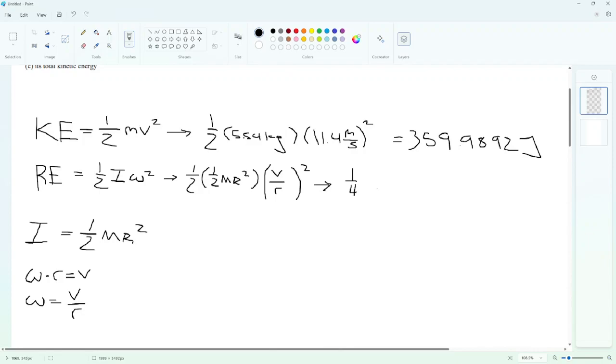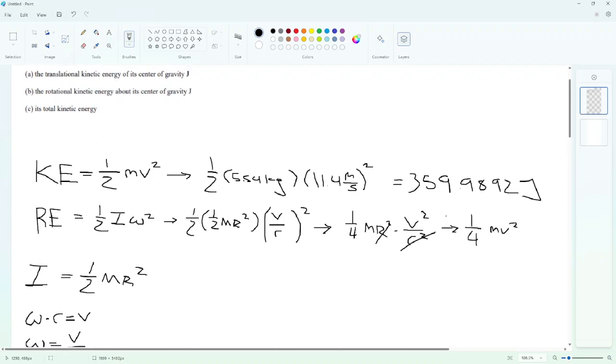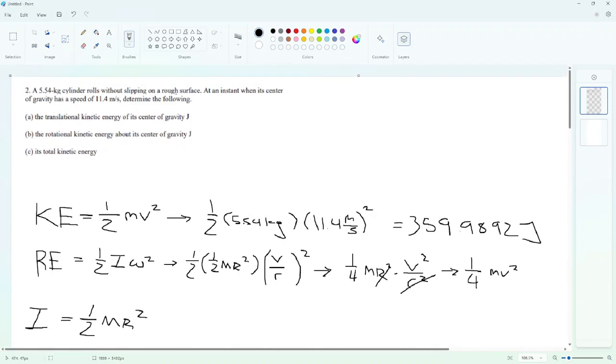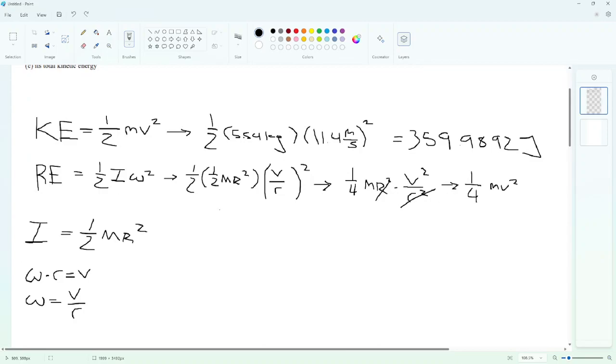I'm just going to reduce this to 1/4 mr squared times velocity squared over r squared. And as you can see here, r squared cancels out, and we're just left with 1/4 mv squared. So from here, we are given the mass and the velocity of the object, and we're able to calculate the rotational energy using this.